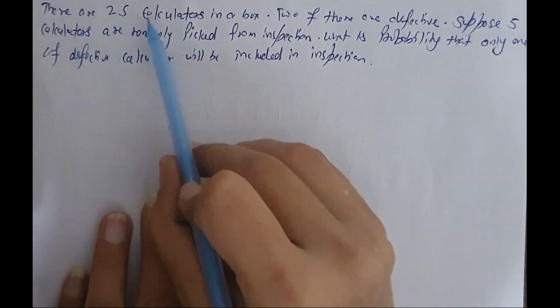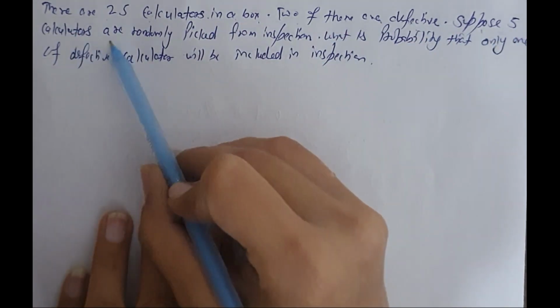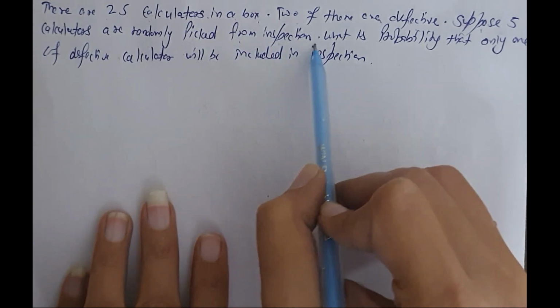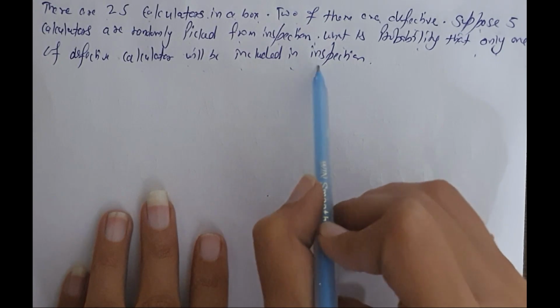There are 25 calculators in a box. 2 of them are defective. Suppose 5 calculators are randomly picked for inspection. What is probability that only one defective calculator will be included in the inspection?